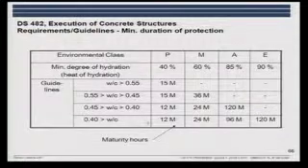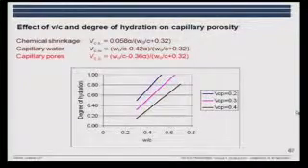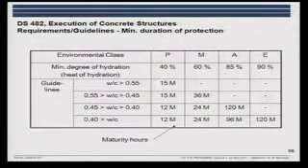Also, what we see here is that there could be a reason we need a certain capillary porosity, or we need a decrease in the capillary porosity to a certain limit, depending on the type of exposure.